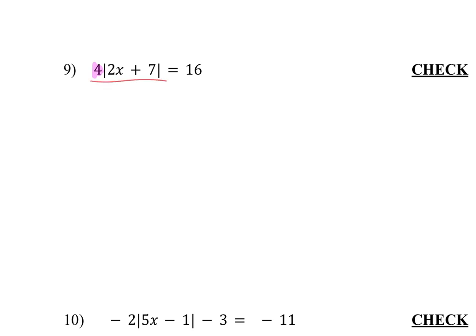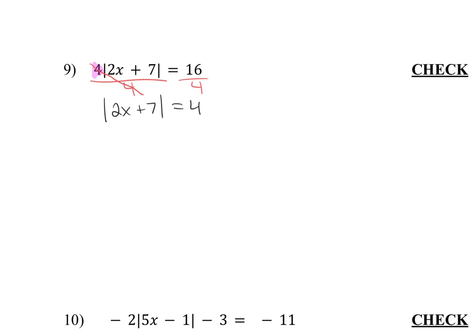Divide. So divide it by 4. 4 divided by 4 becomes 1. And 1 times anything, does 1 change it when we multiply? No. All right, so we're left with absolute value of 2x plus 7 equals, what's 16 divided by 4? Good, 4.